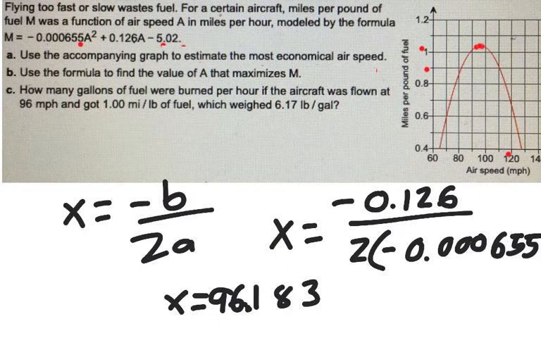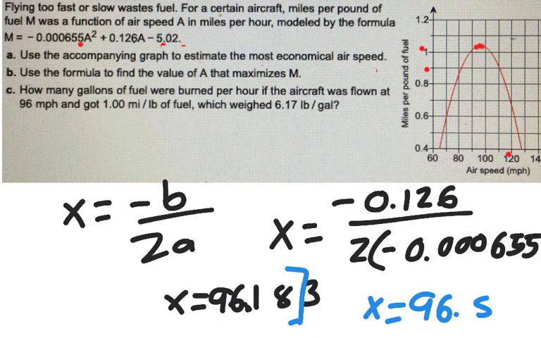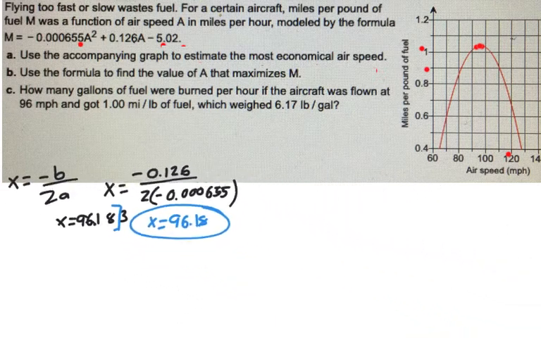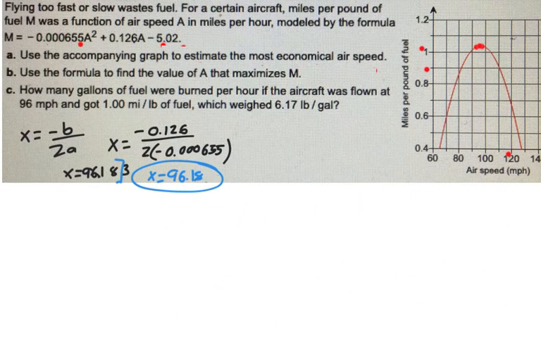And it tells me to round to 2 decimal places. So the 3 would tell the 8 to stay the same. So the x value is 96.18, which is about what I expected. I said that it looks like it's a little bit less than 100. Well, it turns out it's 96.18, so that kind of agrees with my original thought. So that would be B part.